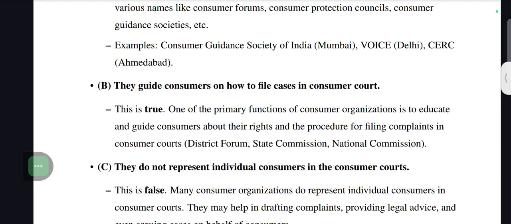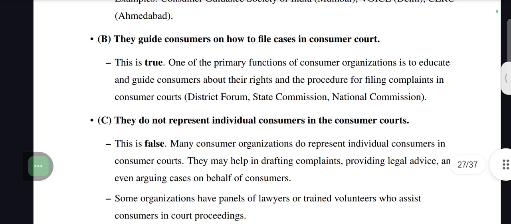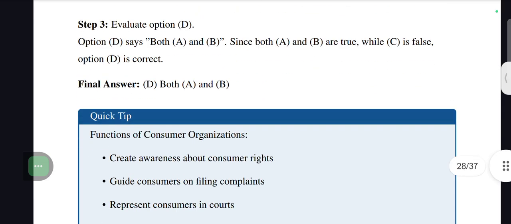One of the primary functions of consumer organizations is to educate consumers and guide them on how to use their rights and the procedure of filing a complaint in consumer court. They do not represent individual consumers in the consumer court. This is false, as many consumer organizations do represent individual consumers in the consumer court. So the correct answer is option D, both A and B.